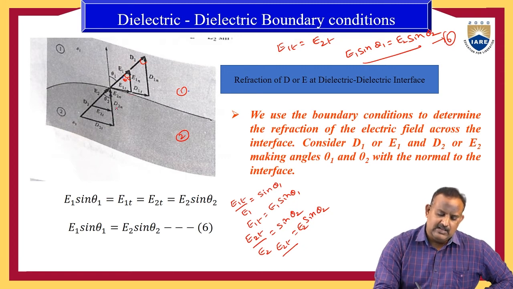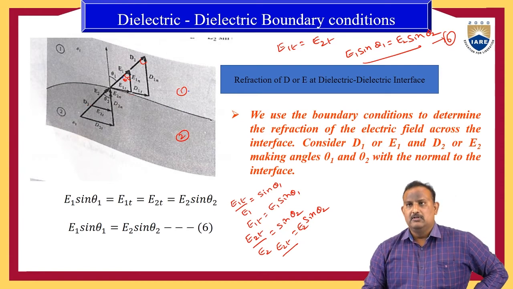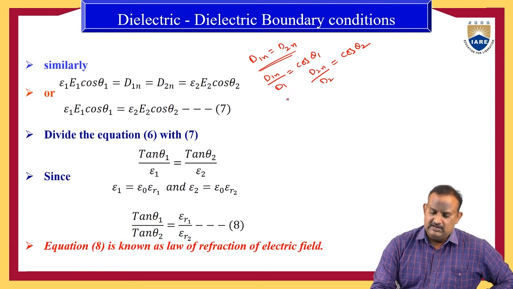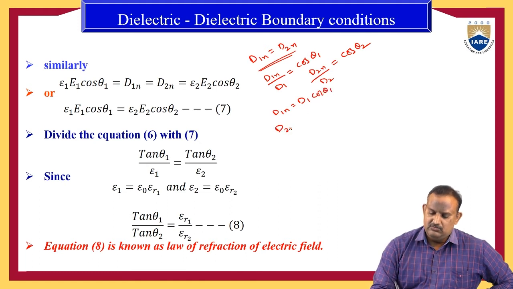So here also D2n by D2 is adjacent by hypotenuse, which gives the cos of the angle. So D1n is equal to D1 cos theta 1, and D2n is equal to D2 cos theta 2.